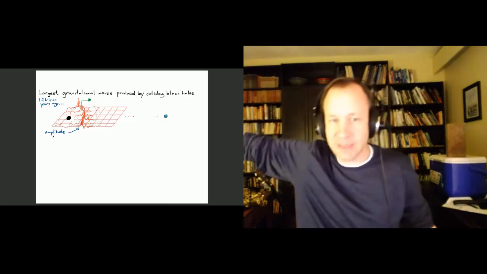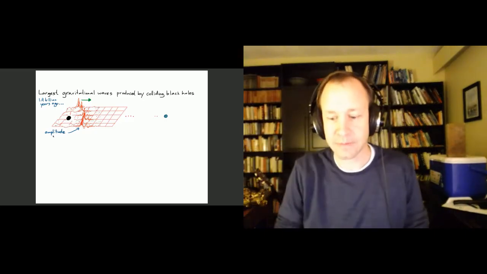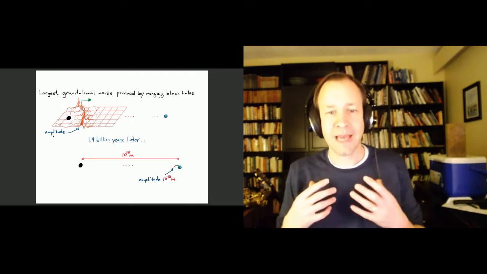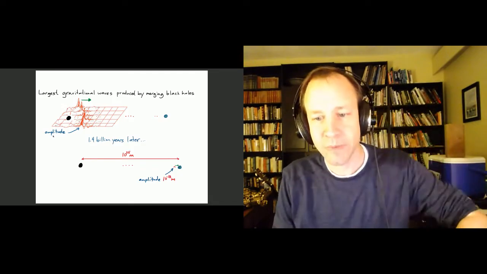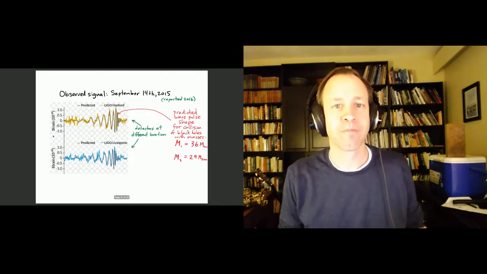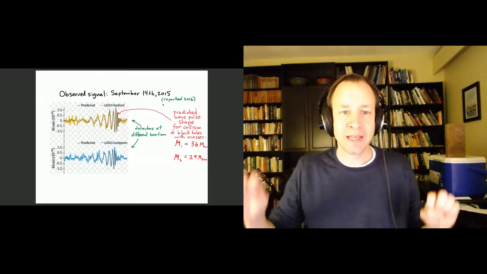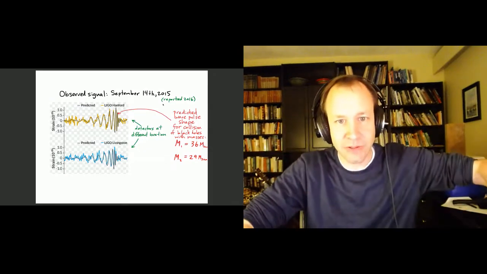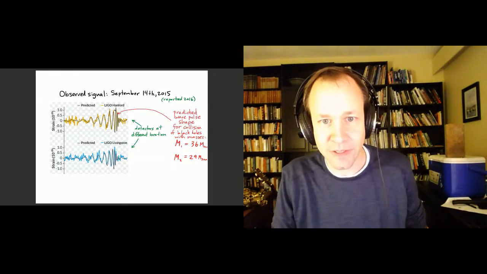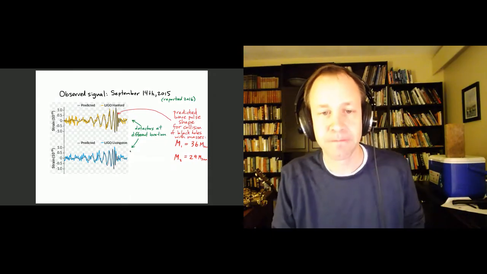In particular, some of it was traveling towards the Earth. And 1.4 billion years later, on September the 14th, 2015, this gravitational wave hit the 2 different gravitational wave detectors built by the LIGO experiment.